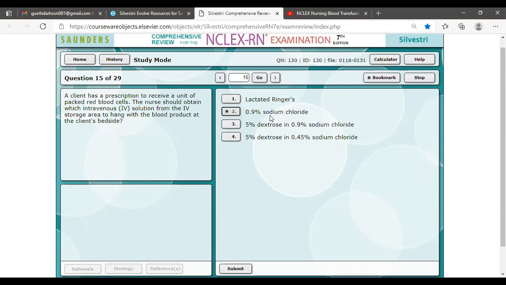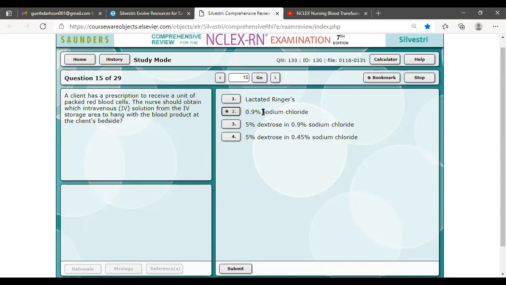And 0.9% sodium chloride is an isotonic solution. So the tonicity, or concentration of solute dissolved particles, is equivalent to extracellular fluid. First of all, there are three types of solution. In another class, I will explain.